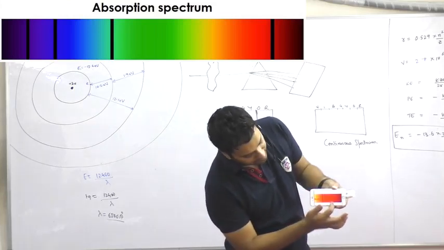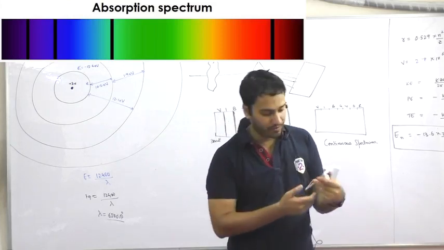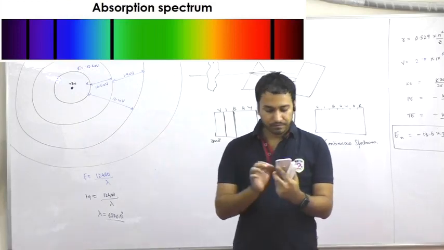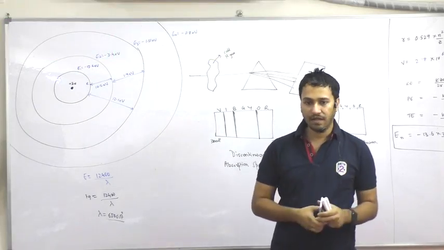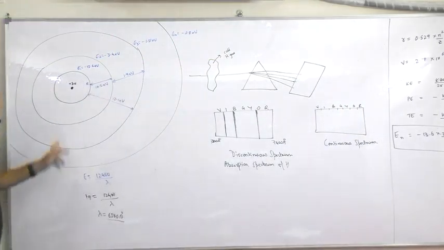I hope you can see this. Some lines are missing from my spectrum. Those photons which correspond to energy differences in the atom have been absorbed.